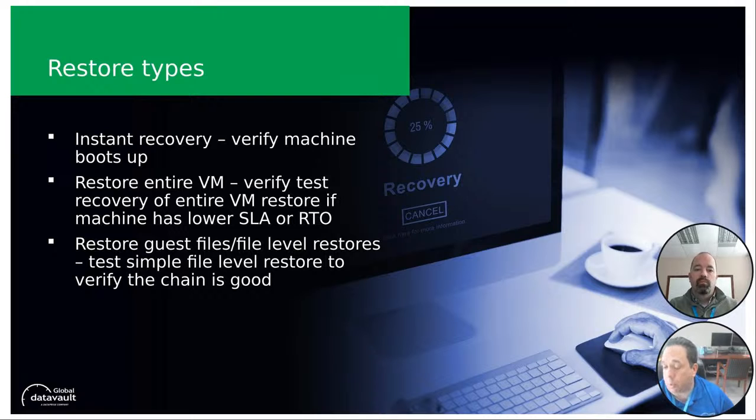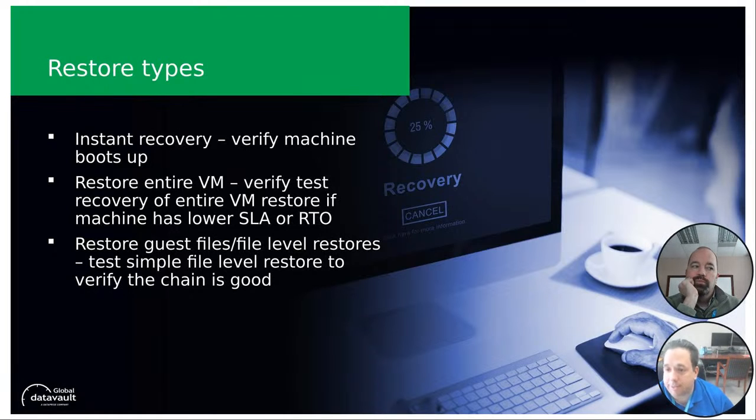So these are more for less critical VMs. Maybe you have a server that is maybe an RDS server, something that's less critical, that does not need that 15-minute or less RTO. You can do a restore entire VM.